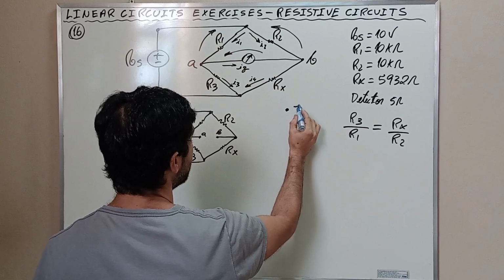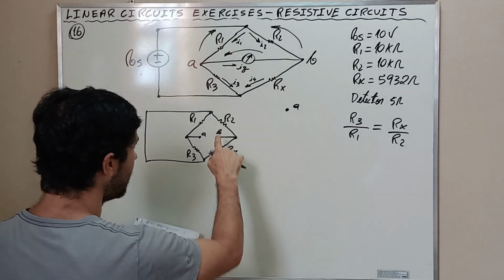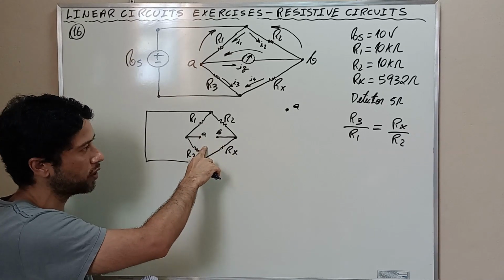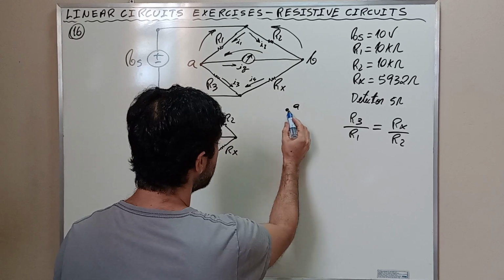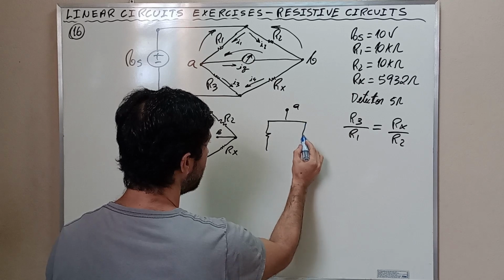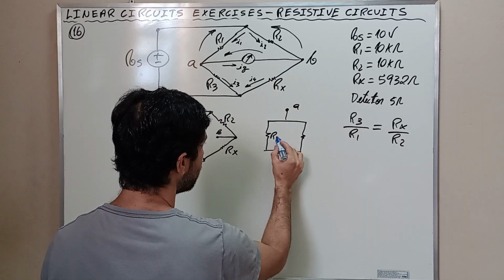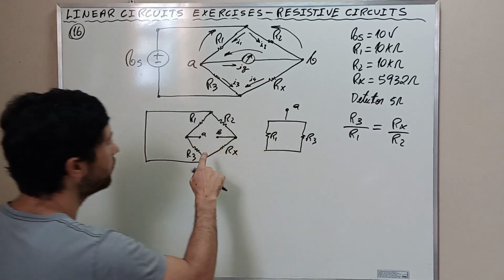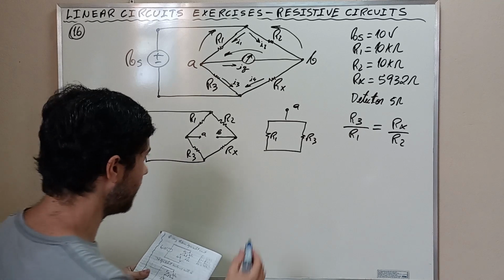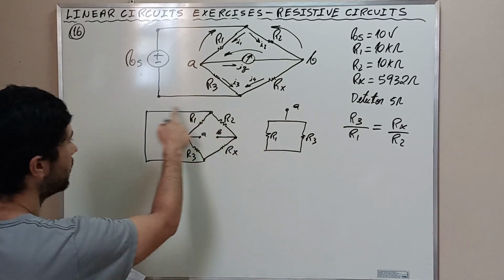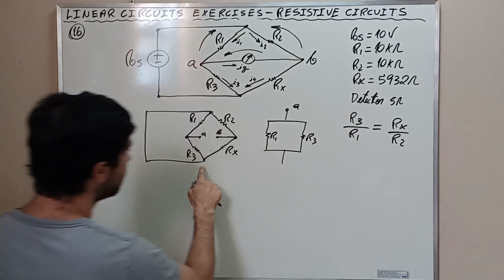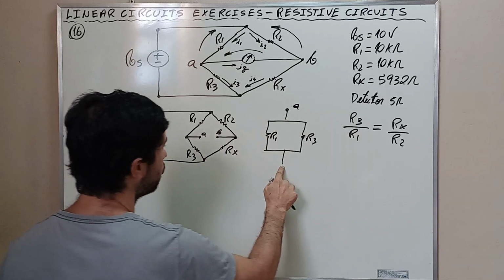Observe this. This is terminal A, and connected to terminal A is R1 and R3. Okay? Connected to terminal A is R1 and R3. Alright? And there is this loop here. I'm representing this entire thing here in this way.